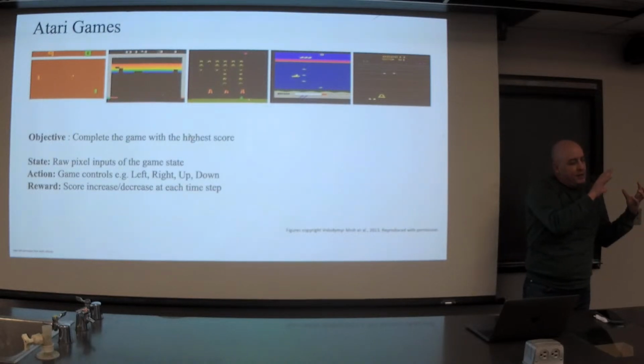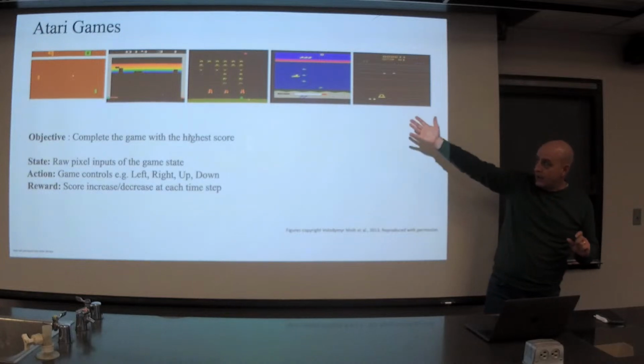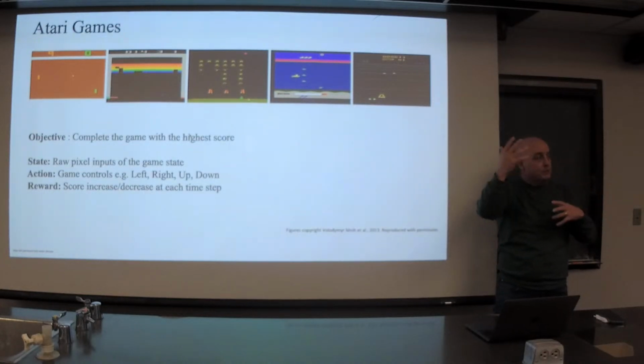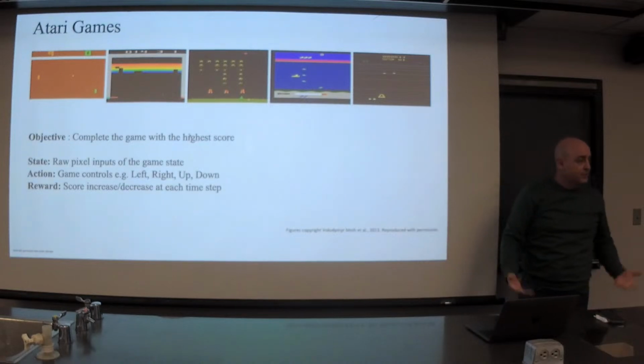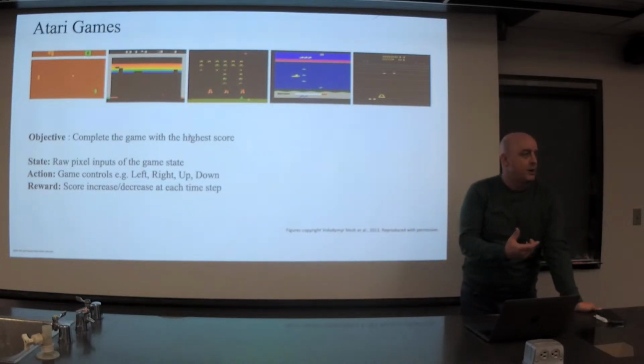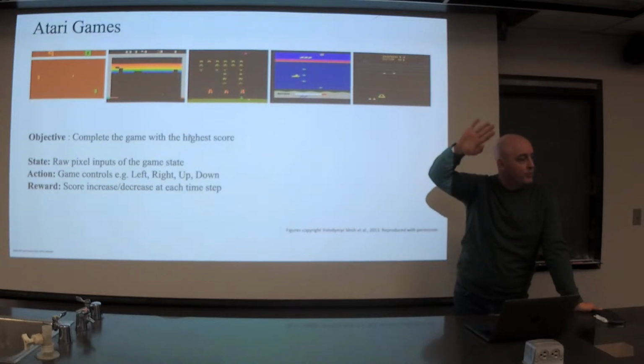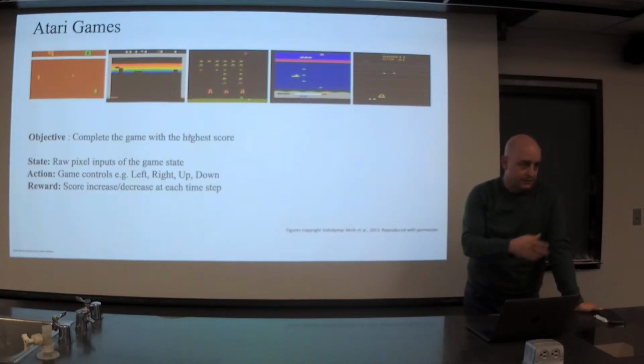But basically, all it really knows is, if I take this sort of sequence of actions when the pixels are in this state, I will get a higher score. That's really what it knows. It does not have a model of the ball or the paddle or the bricks or anything else. It just has all the pixel values at each time. That's a really excellent point.